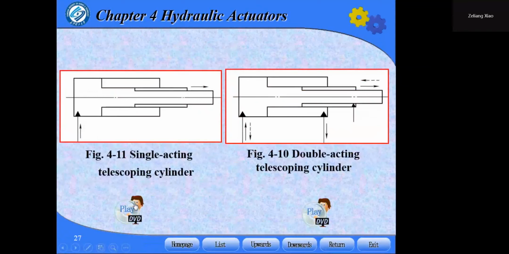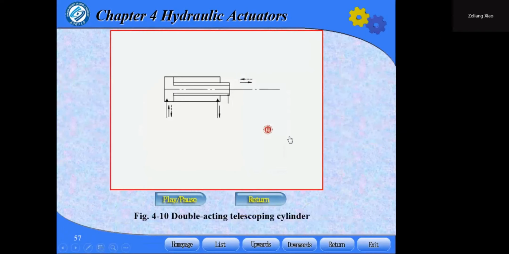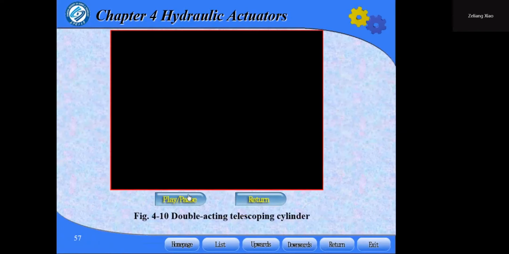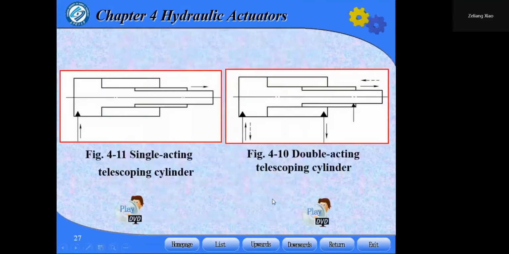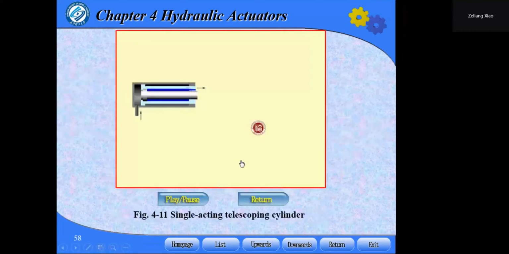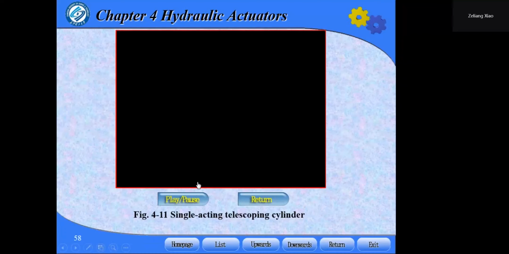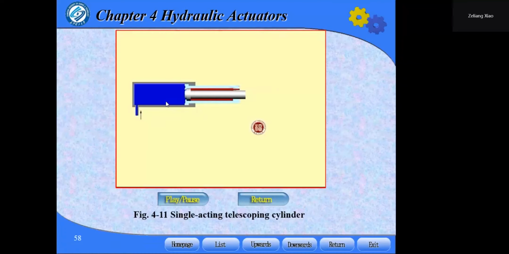In the video you can see the differences clearly, going back to the initial position.